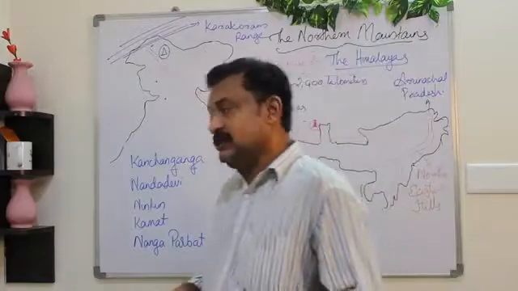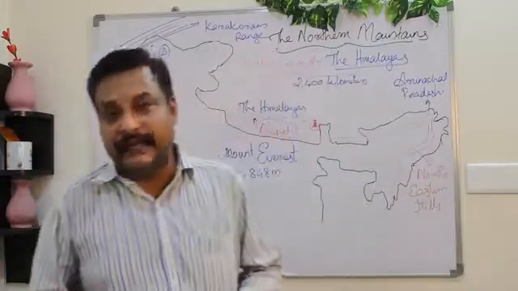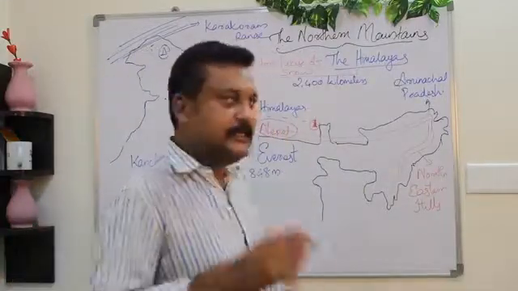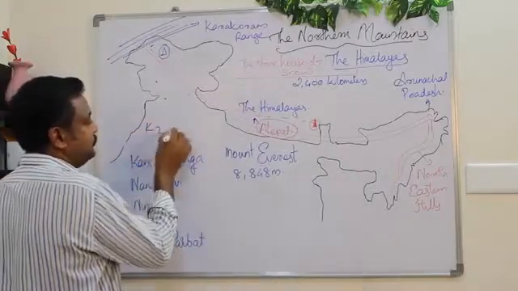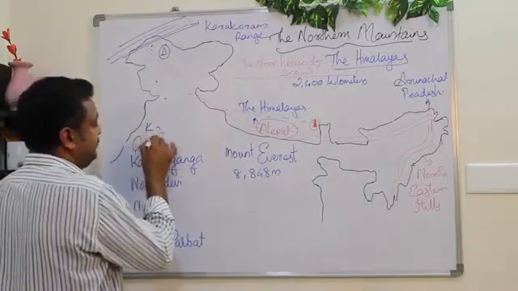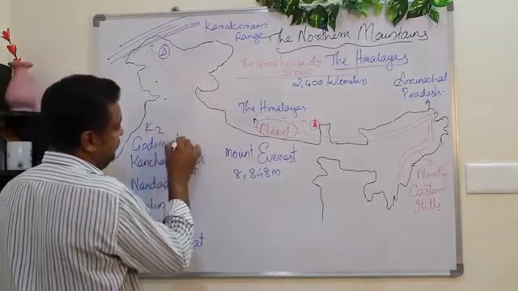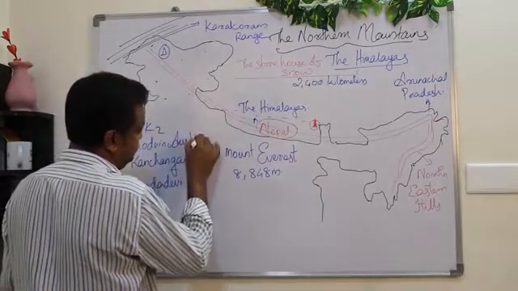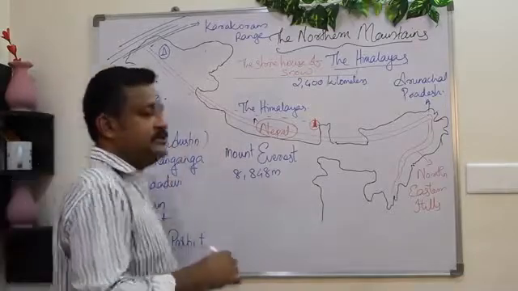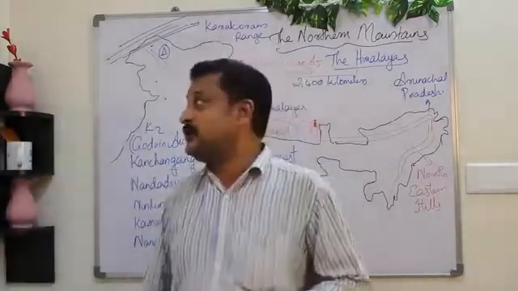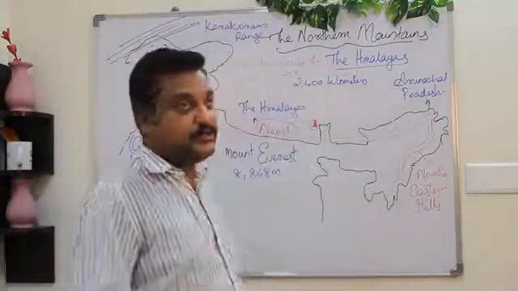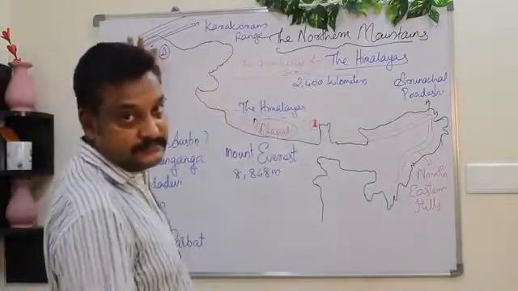There is another one, which is the highest peak in India. The highest peak in India is actually known as K2, and its other name is Godwin Austen. It is not told publicly as Godwin Austen, but we usually call it by the name K2, and the location of K2 is here.